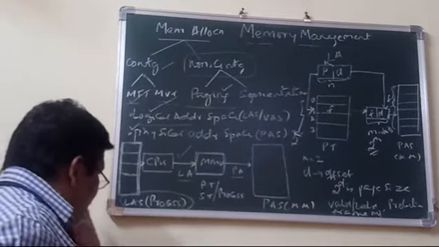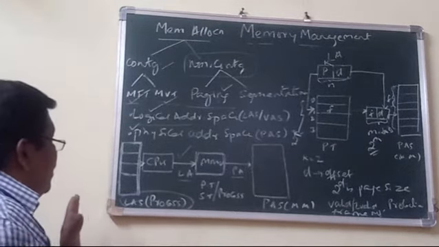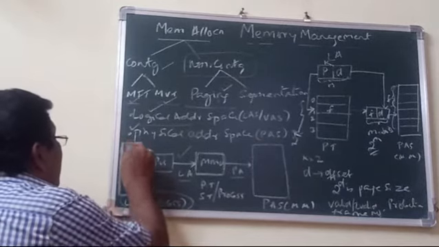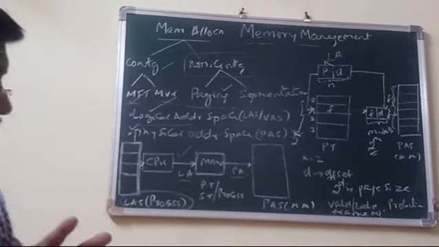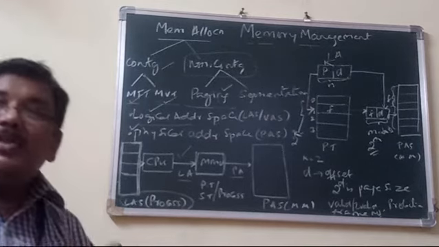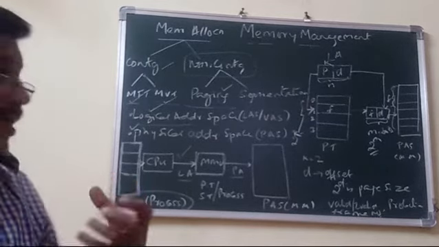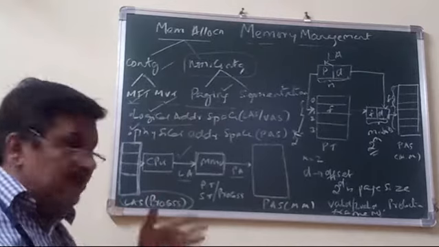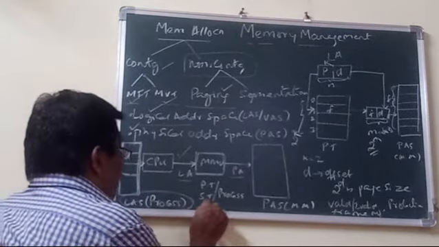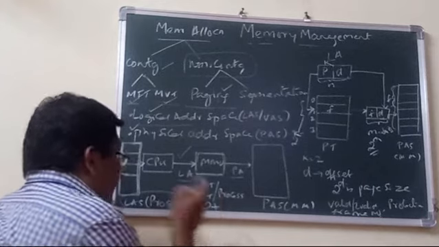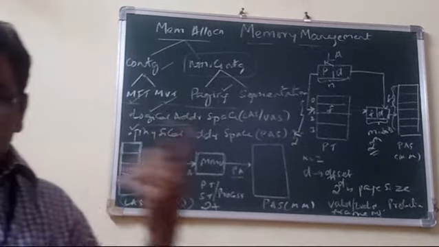Now, since there are 4 pages, how many address bits are required to access a page? You require 2 bits to access a page.